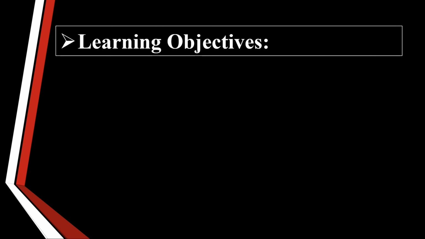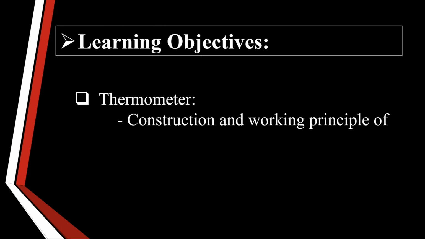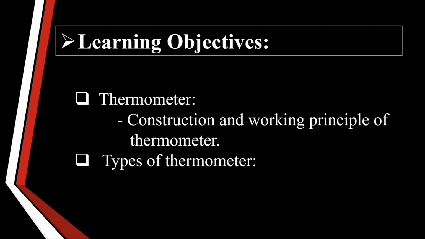Before we get started, let's take a look at the agenda. The module of the session is thermometer, where we will get familiar with the construction and working principle of thermometer. Lastly, we will get acquainted with types of thermometer.